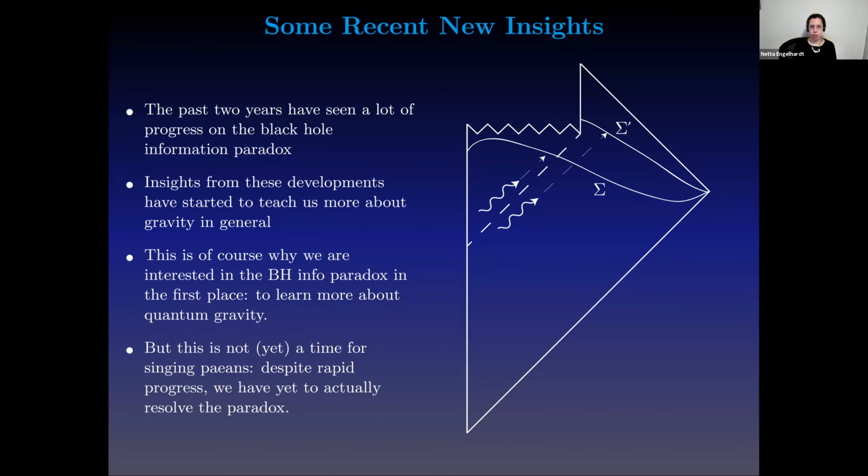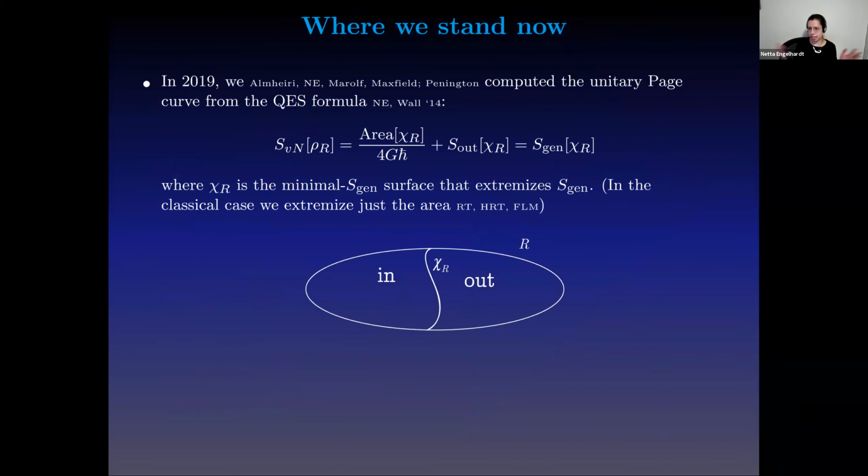It takes the perspective that it's not time to celebrate yet because we haven't resolved the information paradox. In this talk, I'm going to focus on one potential way towards understanding what was missing in Hawking's calculation and was present in the more recent computations of the Page curve. That's the basic philosophy behind this talk.